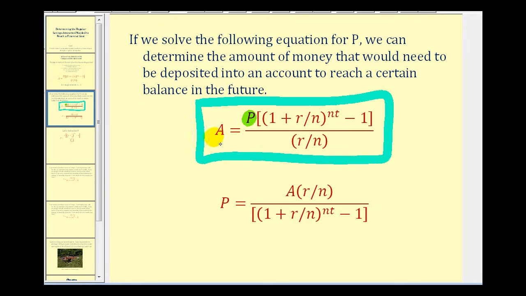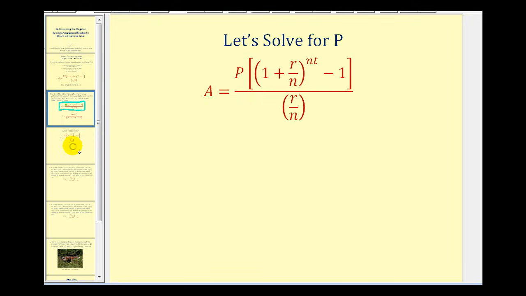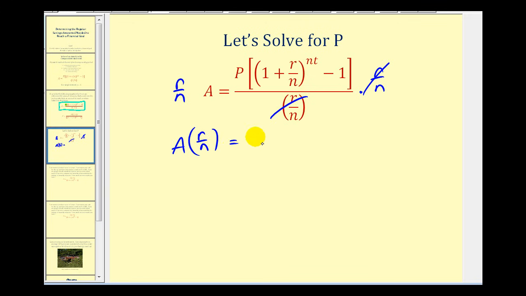Let's quickly show how we can solve this equation for P. If we multiply both sides by r over n, this would simplify out. We'd be left with A times r over n equals P times the quantity of 1 plus r over n to the nt power minus 1.